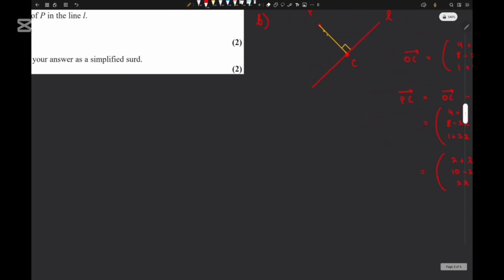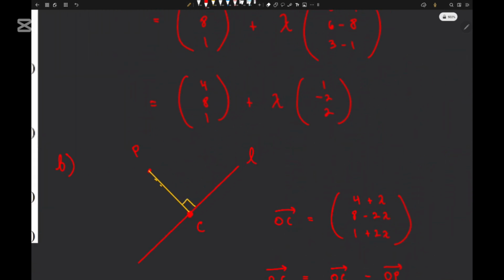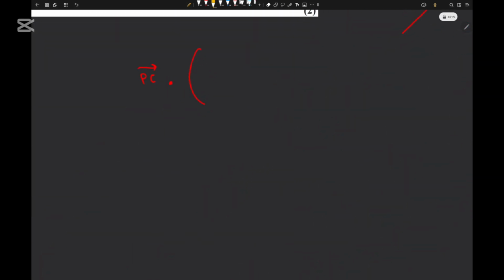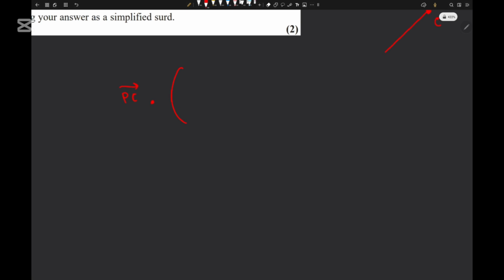So I can say that PC vector multiplied by the gradient of the line. For this, the gradient of the line is (1, -2, 2). So PC vector dot (1, -2, 2) will be equal to 0 since they are perpendicular.